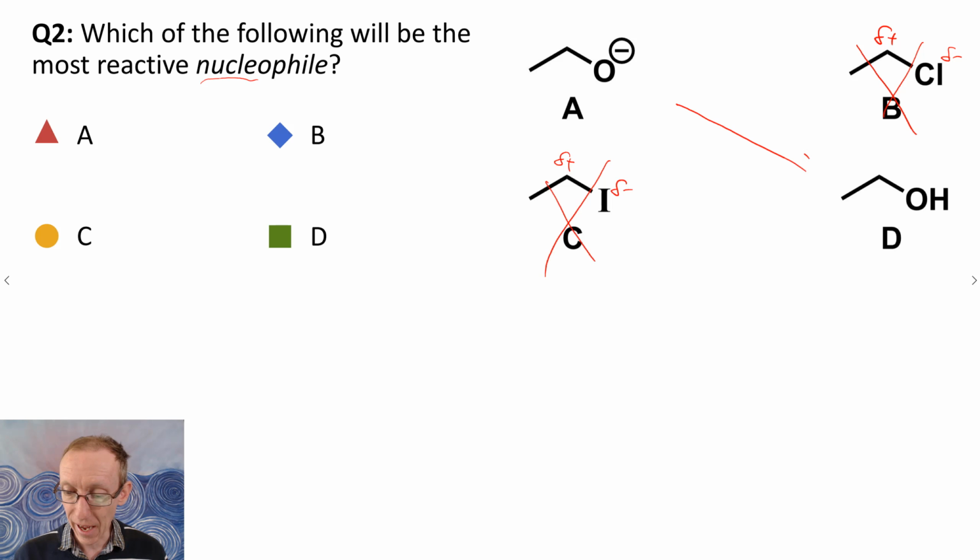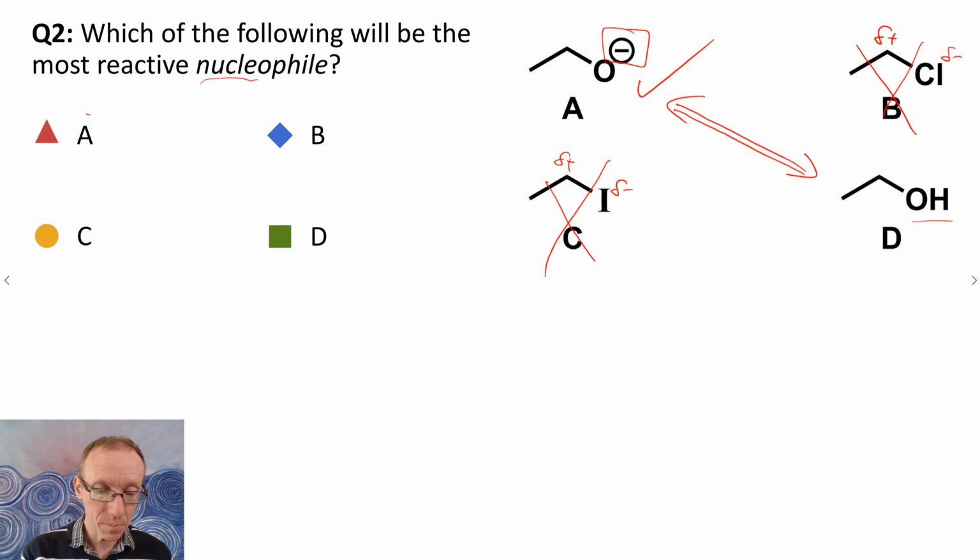So now the choice is between A and D. They're very similar in structure, but A has a negative charge, whereas D doesn't. Overall, nucleophiles with negative charges are more reactive than nucleophiles without a negative charge. So A is the correct answer, the most reactive nucleophile.